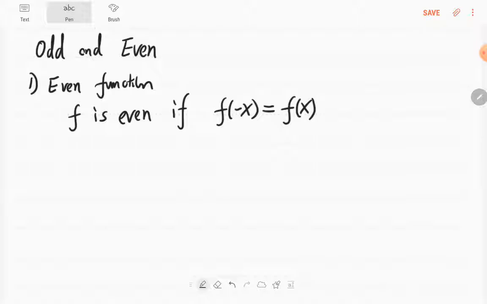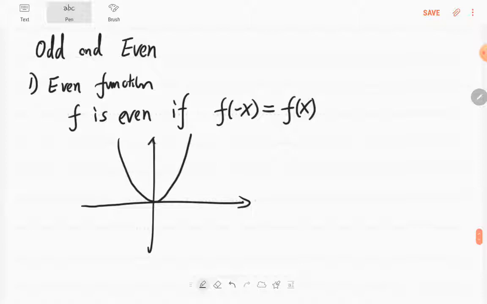In other words, if x, y is on the graph, then negative x, y is also on the graph. So that is symmetric about the y-axis. The even function is always symmetric about the y-axis.